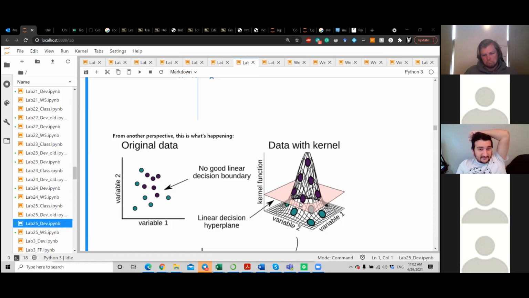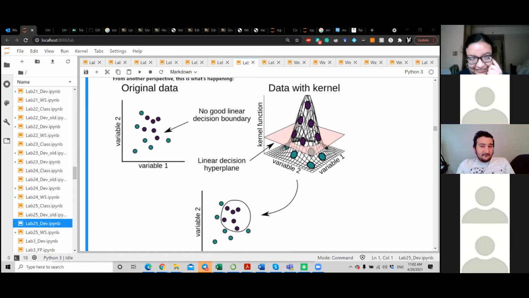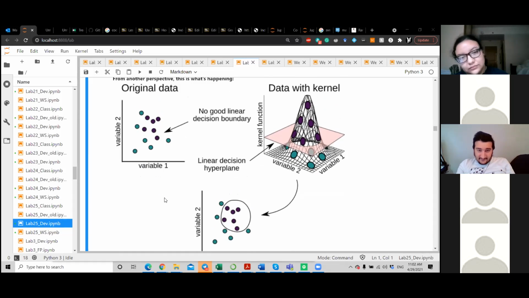And by this, it is very easy for us to cut the purple circles and the green circles. You see this as green, right? Yes. Okay. And if you convert this back again to the same two-dimensional space, you will see this circle. This is a very, very important and clear picture.